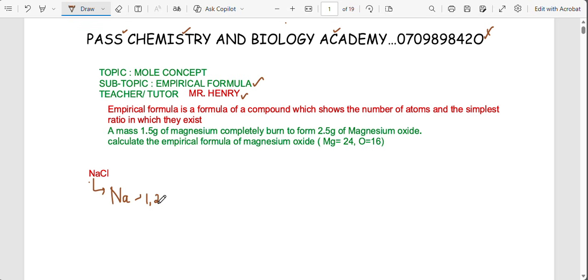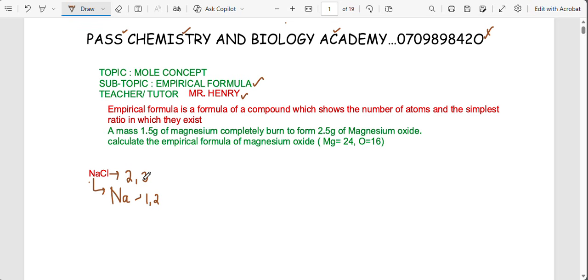How many are they? Do we have one atom of sodium? Do we have two atoms of sodium? It will also show us how many chlorine atoms we have here. Are they 2? Are they 3? However, when it shows us the number of atoms in a compound, it shows them in the simplest ratio in which they exist.